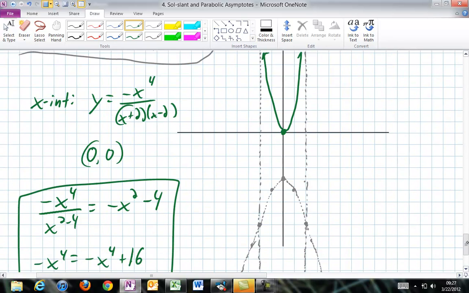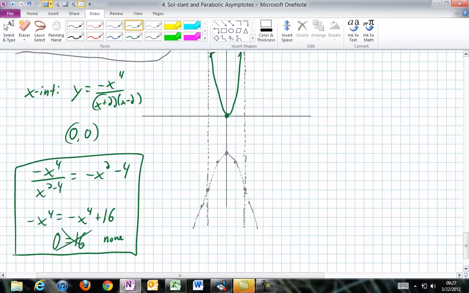Which means that if I go back to the graph, I actually have enough information to graph this now. If I look from a left to right perspective, I know that it's going to have to be either in here or in here. The reason is because the domain is only x can't be 2 or negative 2. So there has to be some part of the graph to the left of that. And then it has to occur in either of those two regions, because we know it's not going to cross the end behavior asymptote.